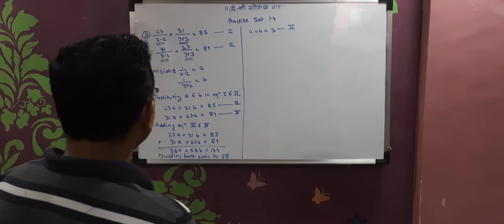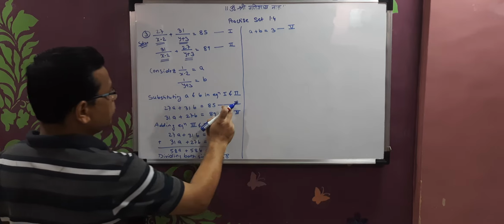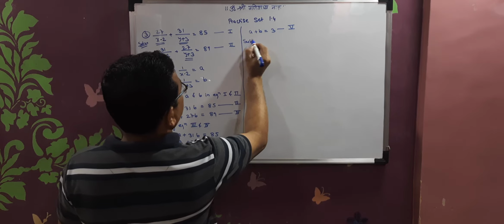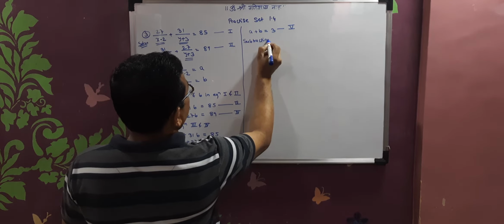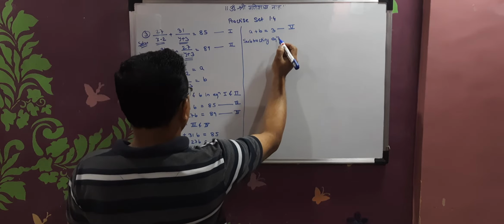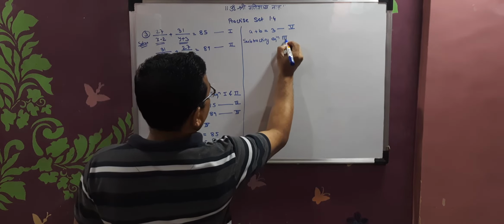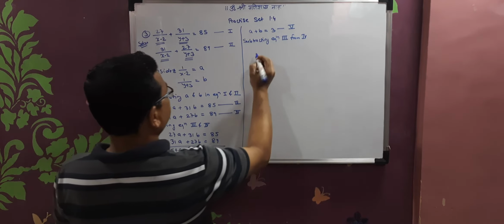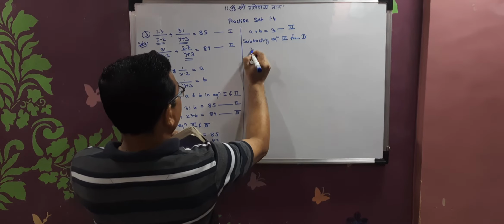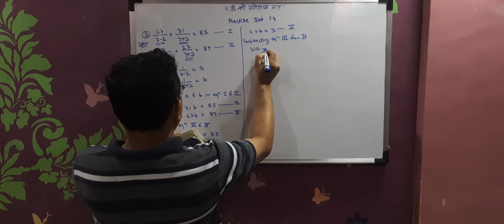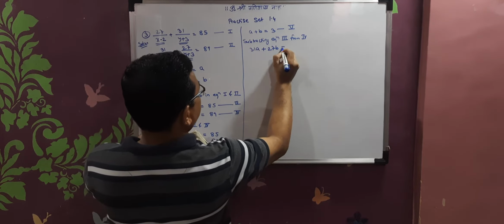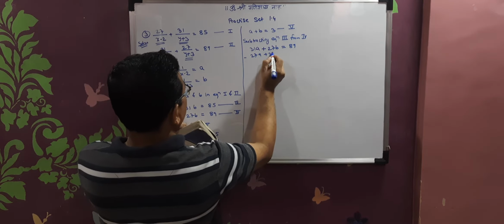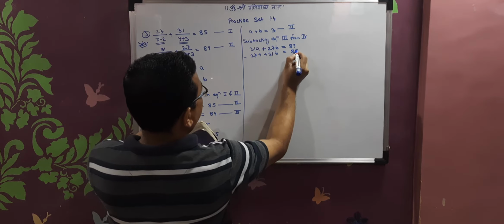Now we will subtract equation number 3 from 4. So subtracting equation 3 from 4. This is equation number 4: 31a plus 27b is equal to 89, minus 27a plus 31b is equal to 85.